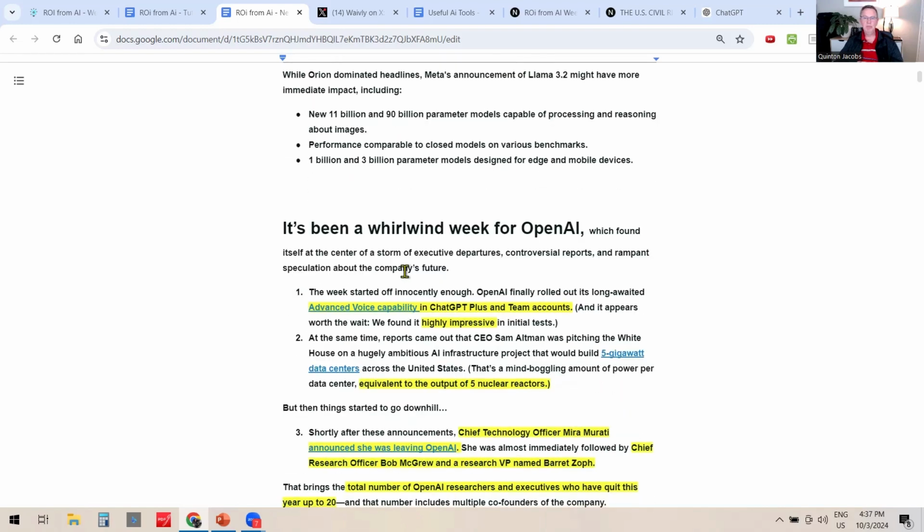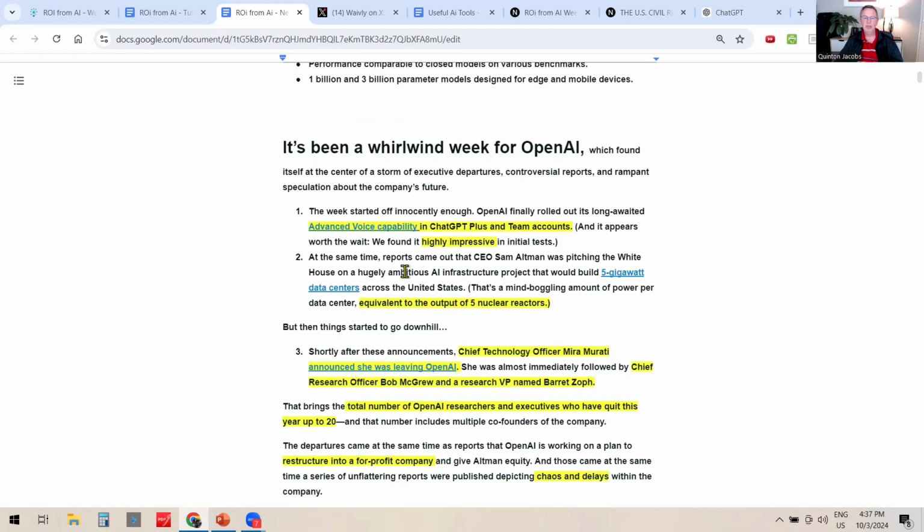But then speaking of OpenAI and ChatGPT, they've had a rough week. They launched the advanced voice capability, which we played around with last week. And at the same time, it came out that Sam Altman is pitching the White House for an ambitious AI infrastructure product.